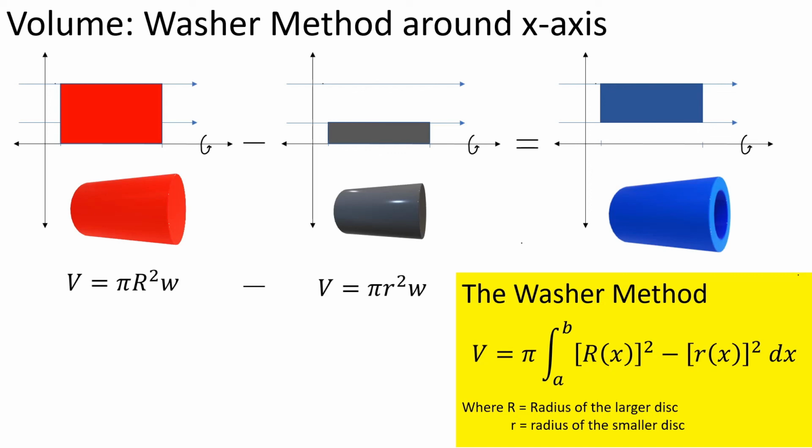Your smaller radius is what you need to subtract, which is your gap. So what is the top of the gap to the rotational axis? Put them together. Your washer method is pi times the integral of a to b, bigger radius squared minus smaller radius squared. We'll calculate the volume using the washer method.